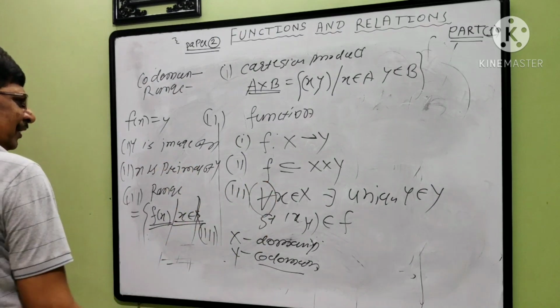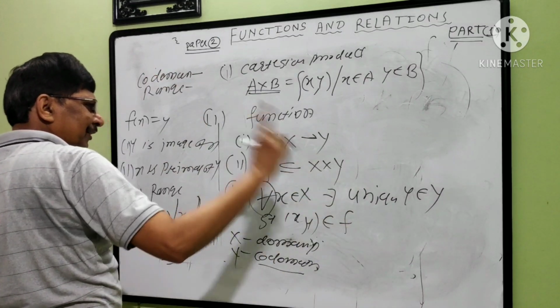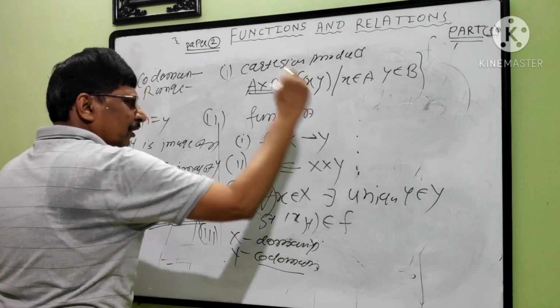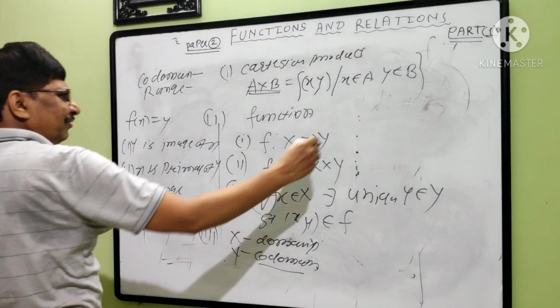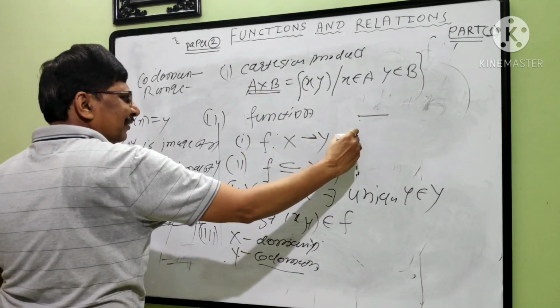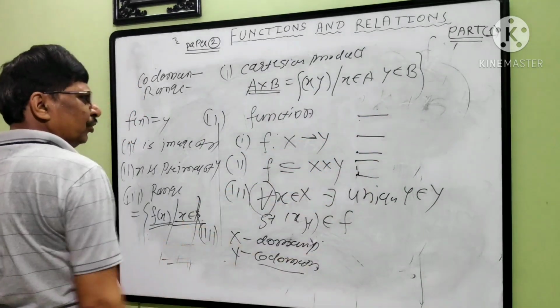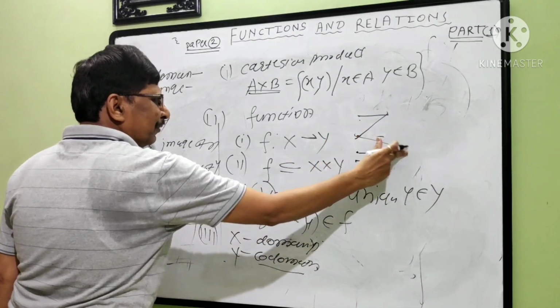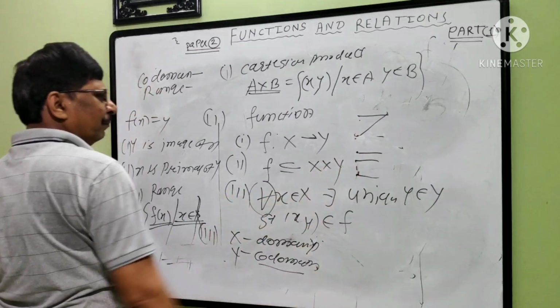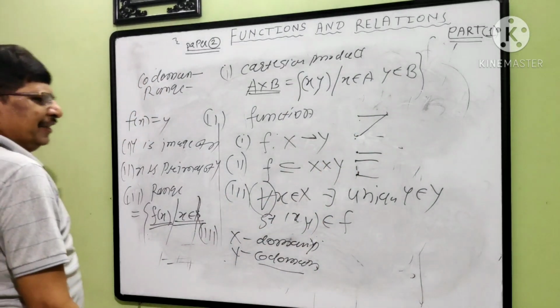For every element in the domain there should exist a unique one. Each element should be related, and it must be related to a unique element. It may be like this, but it does not mean it is like this. Okay, these are the main things.